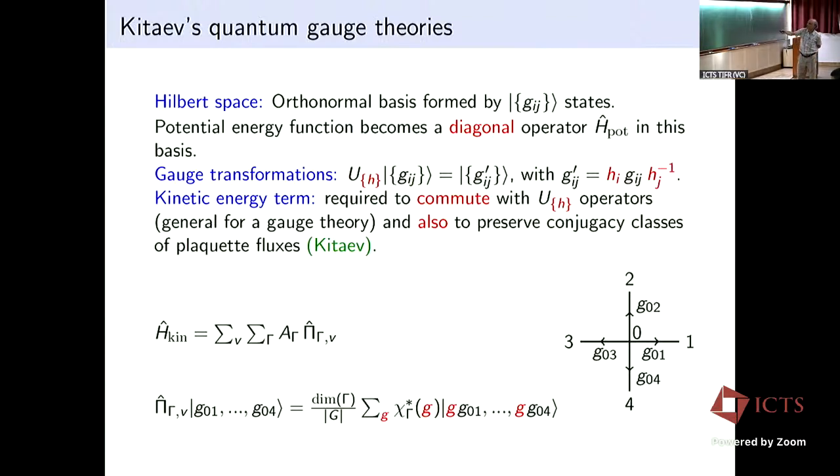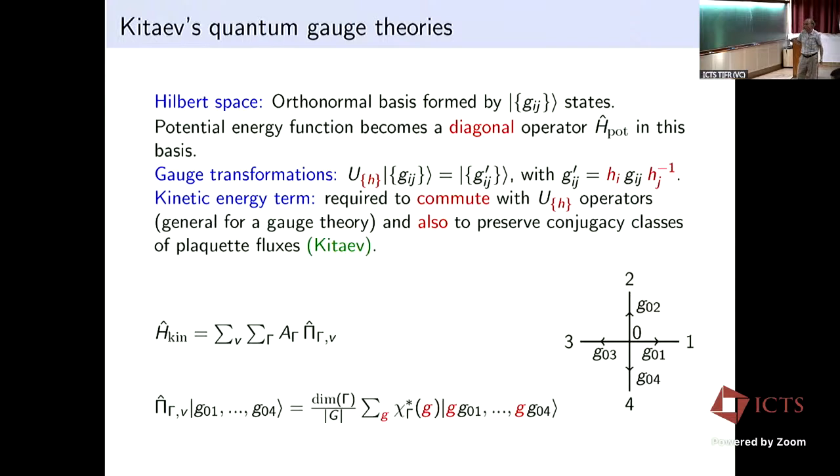That condition is built in by the choice of the diagonal operator that I commented on yesterday. But the way to achieve a non-diagonal term that commutes with the gauge transformation is simply, at each site, to introduce some projectors on the various irreducible representations of the group G.